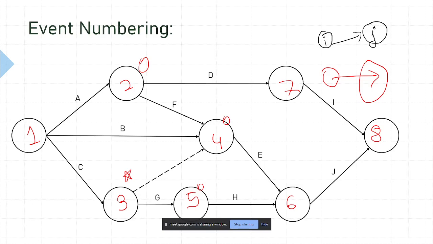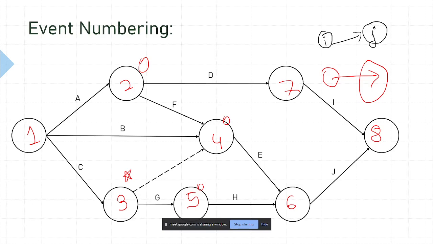Every time you solve a network on activity on arrow, you number the events. Why? To identify a particular event, sir. Okay, to identify a particular event. But that still doesn't explain the ascending order of numbers, right? You could have numbered it in any way. If it was identification, I could have changed it.